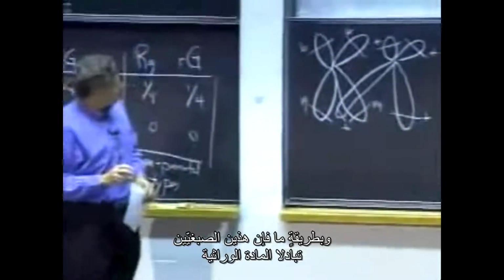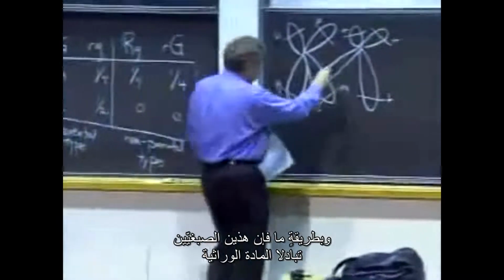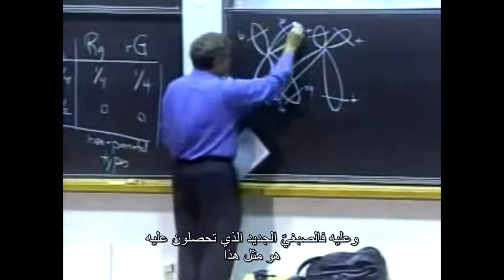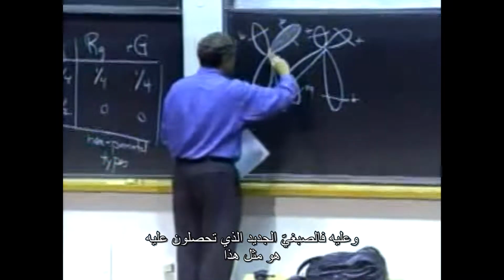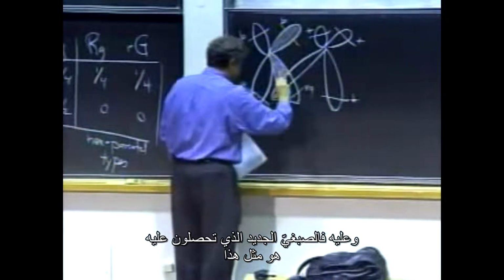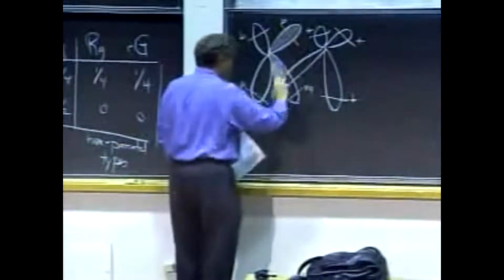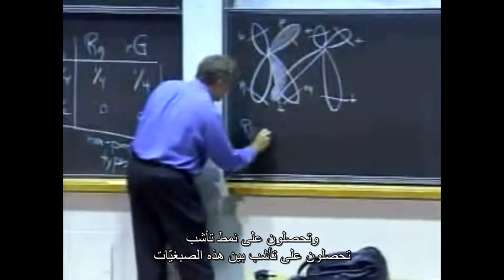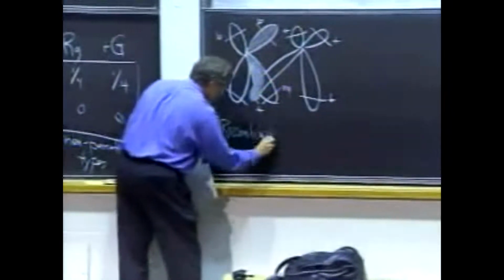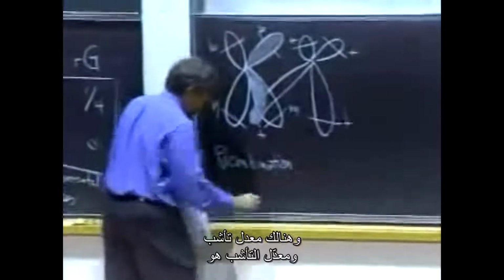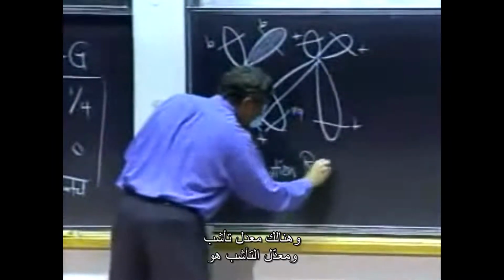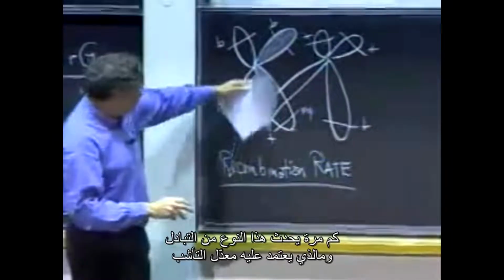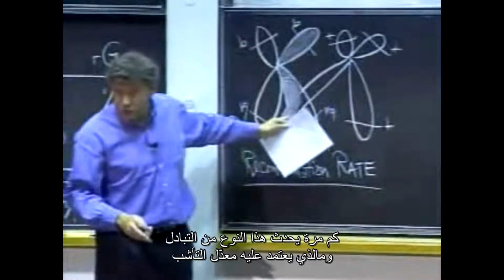And somehow these two chromosomes have exchanged genetic material so that the new chromosome you get is like this. And you get a recombinant type. You get recombination between these chromosomes. And there's a recombination rate. And the recombination rate is how often this kind of an exchange occurs.